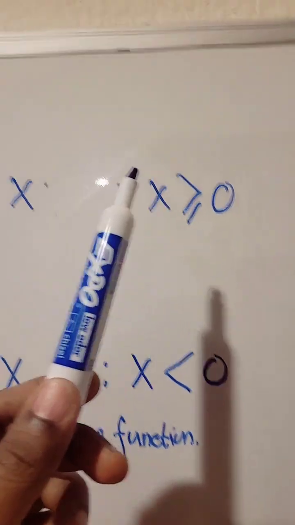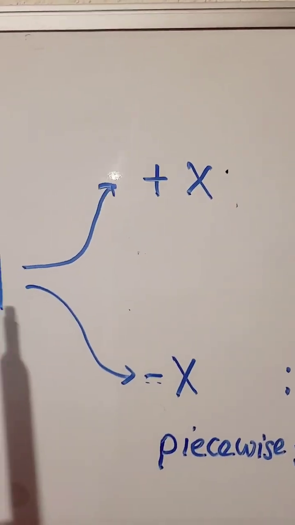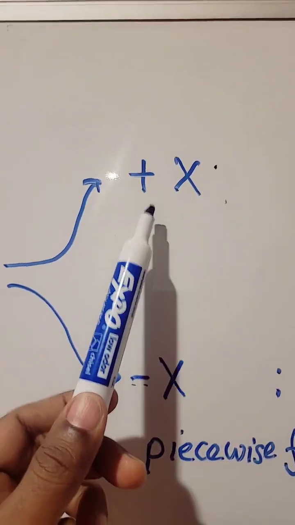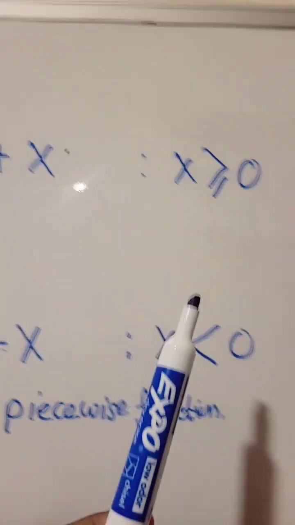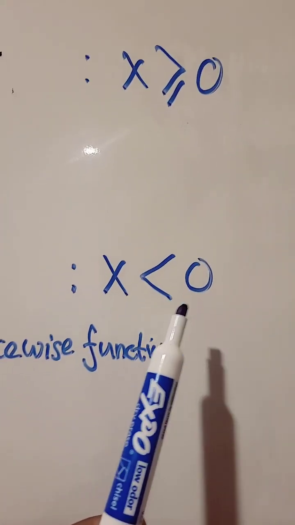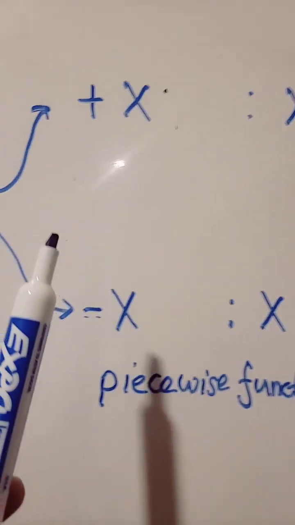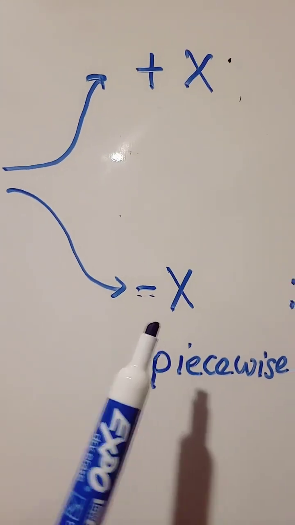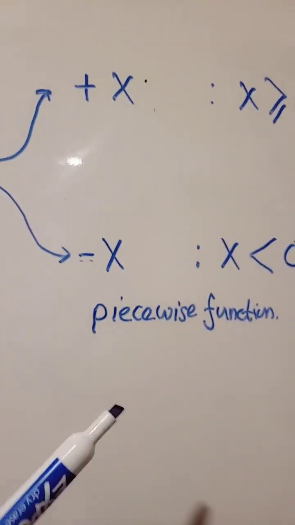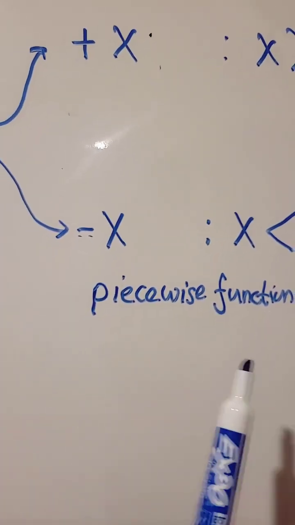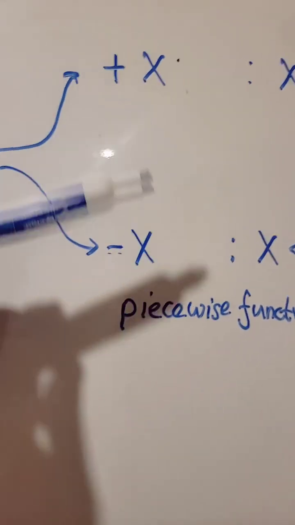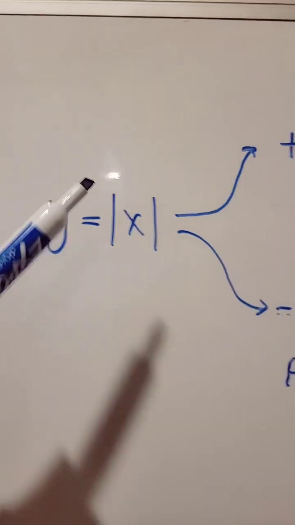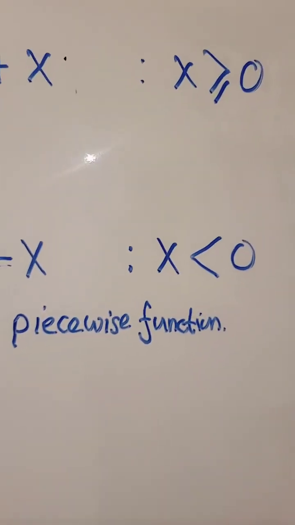For this condition, you can see the absolute value becomes plus x. And when x is less than 0, for that condition, the absolute value function becomes minus x. So this is what we call the piecewise function.